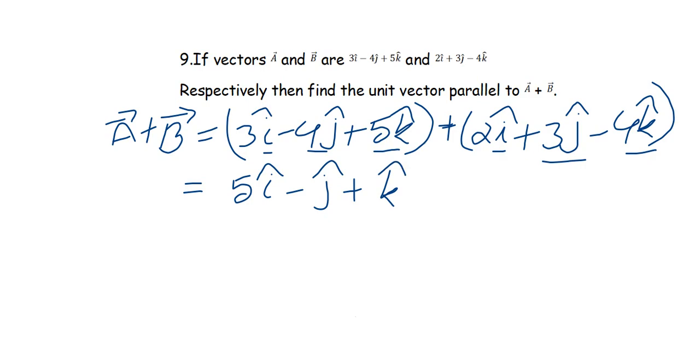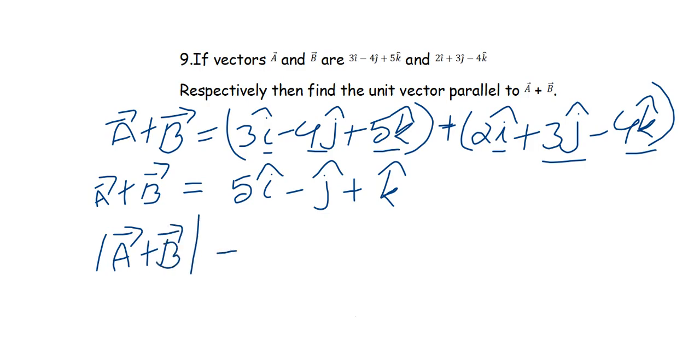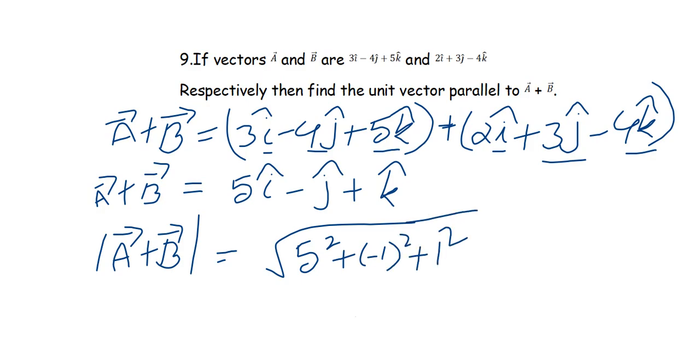How can you calculate its magnitude? It is root over 5 square plus minus 1 whole square plus 1 square. So its value is root 27.